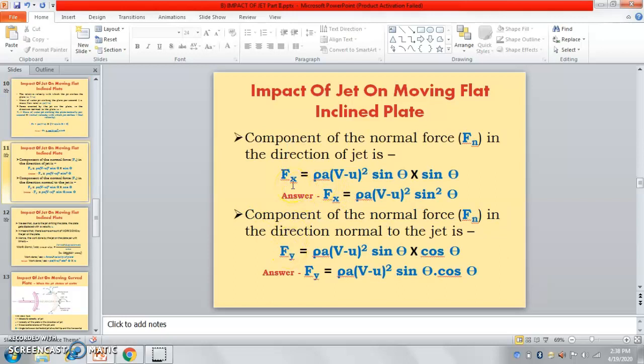Fx is the component in the x direction, or the direction of the jet, and it is Fn into sine theta, that is rho a (v minus u) whole square sine theta into sine theta. And Fy is the component in the y direction, or the direction normal to the jet, and it is Fn into cos theta. This is the answer for Fy.